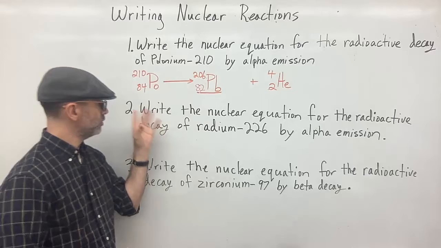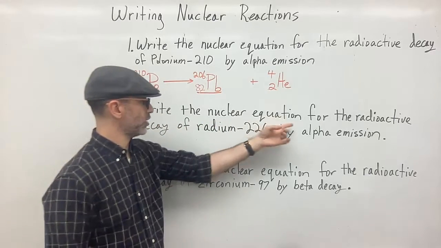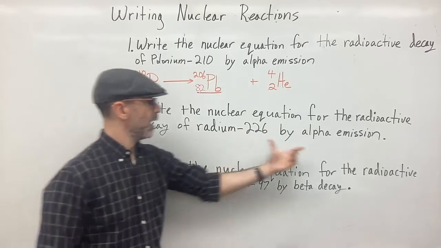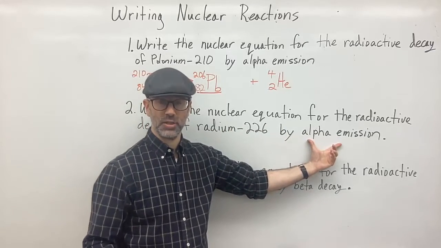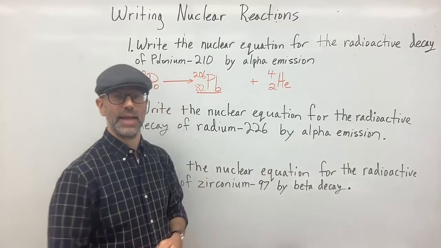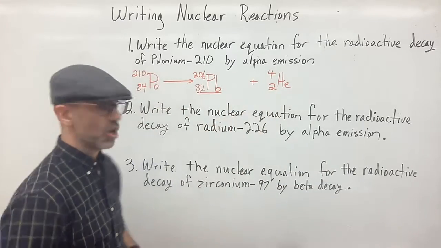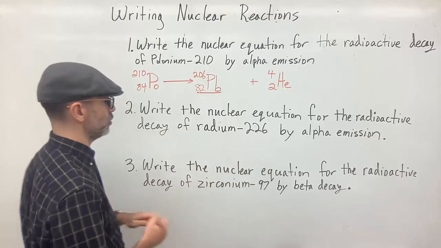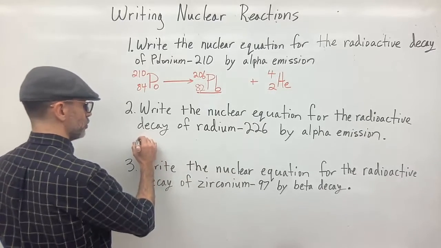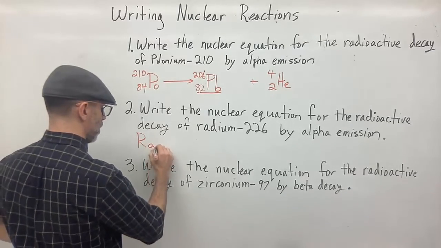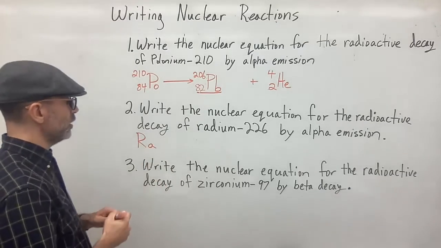In this case, it says write the nuclear equation for the radioactive decay of radium-226, again by alpha emission. So we're releasing an alpha particle again, which is going to be the same here. So we're going to start with radium-226. So radium, which is Ra, 226.